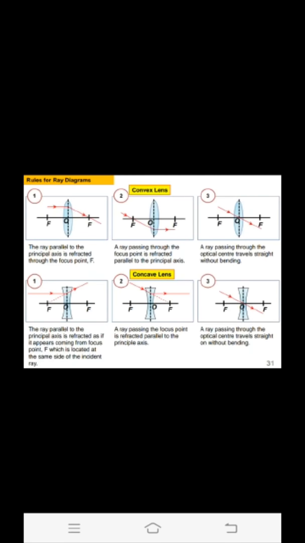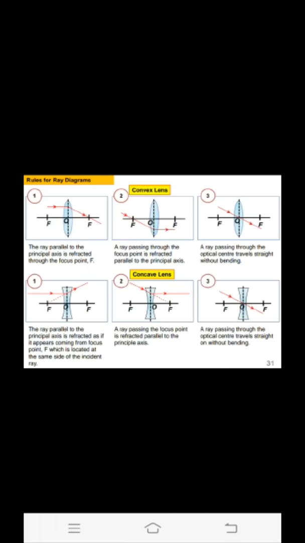Okay, so this is the object, and the blue arrow shows the ray passing through the concave lens without bending, and the red arrow shows the first rule, the ray parallel to the principal axis, which is refracted by the concave lens.